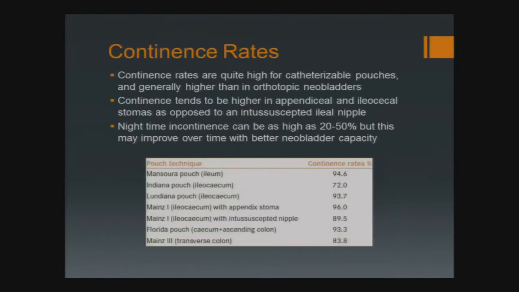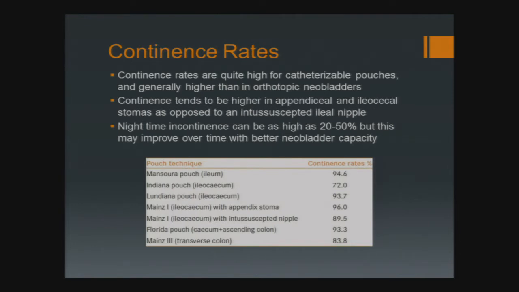So there are various continence rates for these catheterizable pouches, and these generally have better continence than the orthotopic neobladders that I talked about earlier. Appendiceal and ileocecal stomas have better continence as opposed to an intussuscepted ileal nipple.